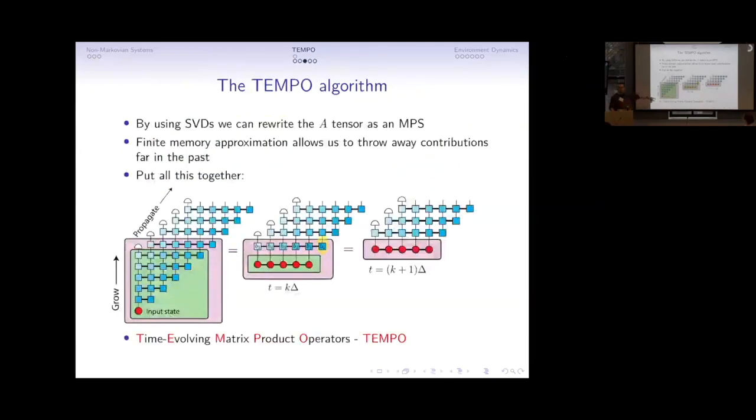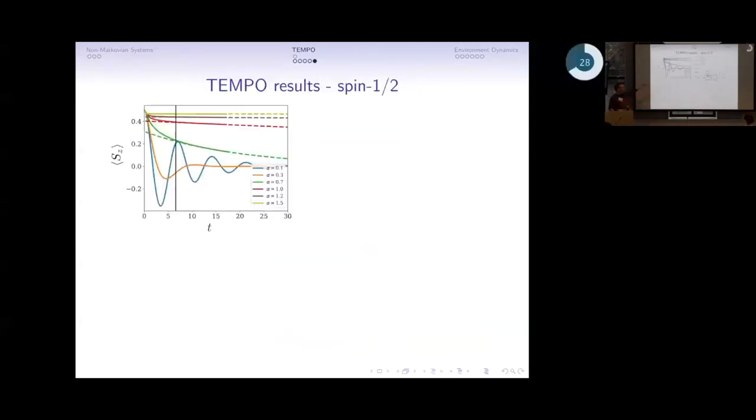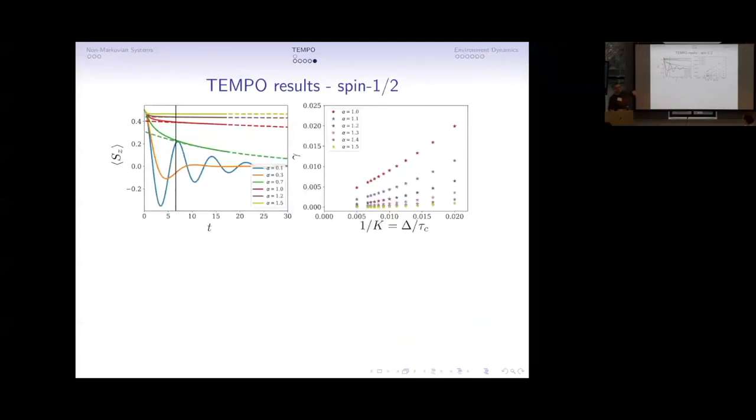But when you're up at these high values of alpha, it still hasn't really converged with the memory length, the amount of time that you're keeping in the history. So it's that which really limits. It's not the truncation, it's the memory length, the length of the chain that you keep. Because your correlation is decaying like a power law or something? The bath is power law at low frequency. So the correlation function is, yeah.